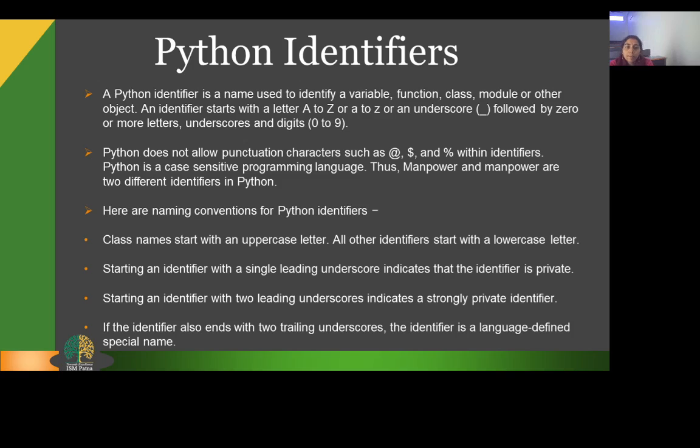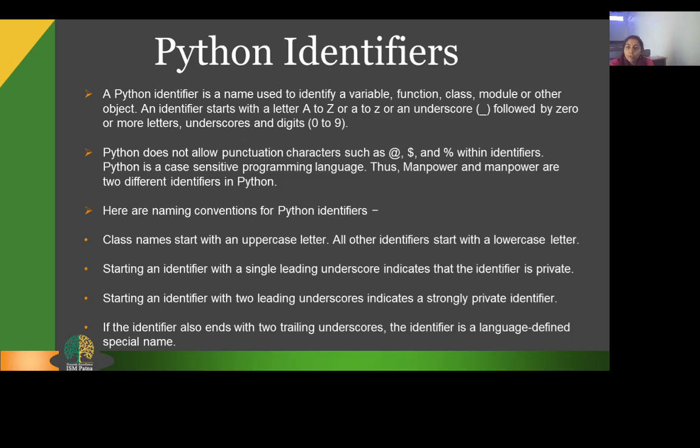Moving to the next, Python identifiers. What do you understand by identifier? As its name suggests, a Python identifier is a name used to identify a variable, function, class, module or any other object. It starts with a letter from A to Z, either a capital letter or a small letter.